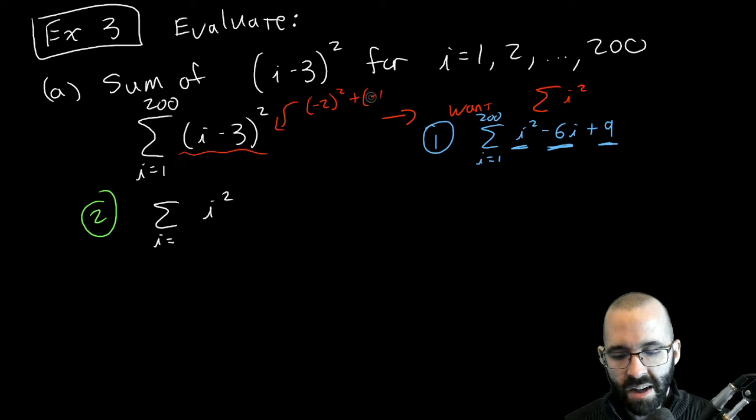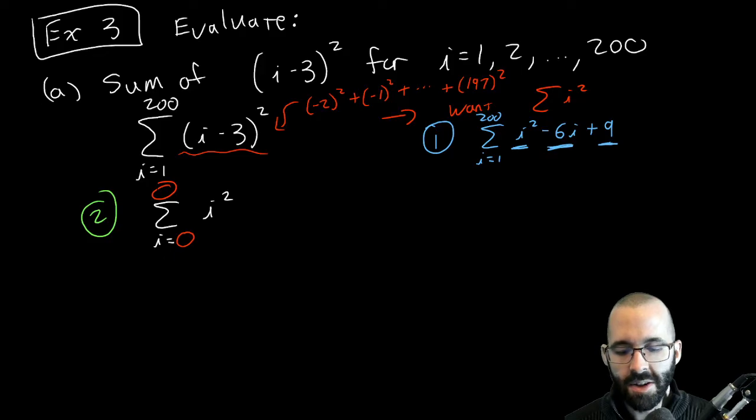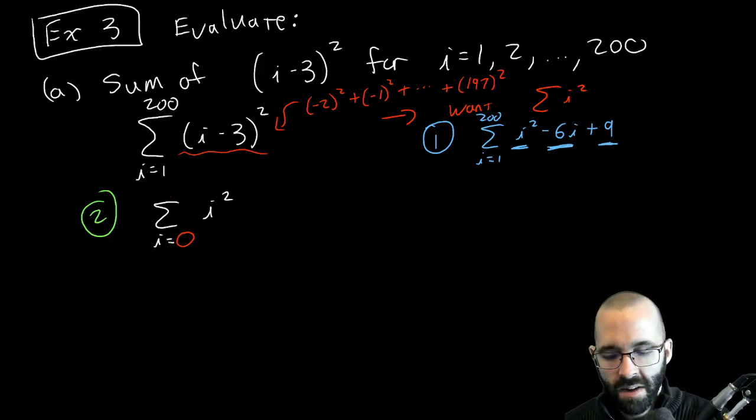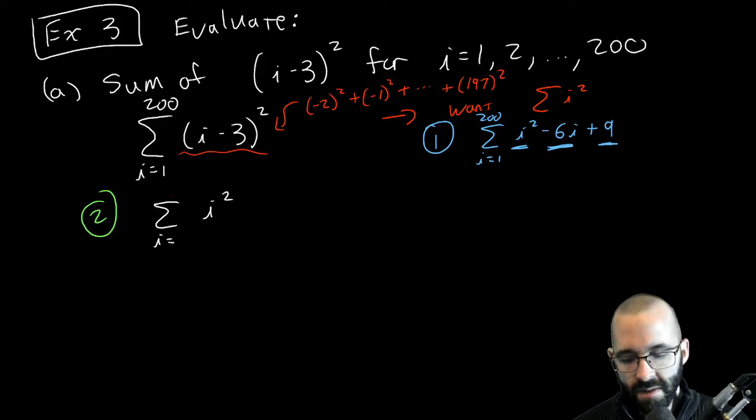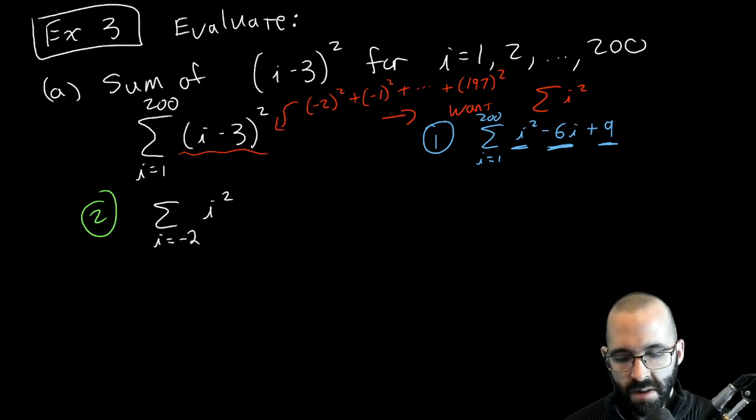And then the next term is negative 1 squared, plus all the way to the last term, which is 197 squared. So we can just change this first term and this last term and now just write it as an I squared. Or do the blue method. Well, the first term is negative 2. And the last term is 197.